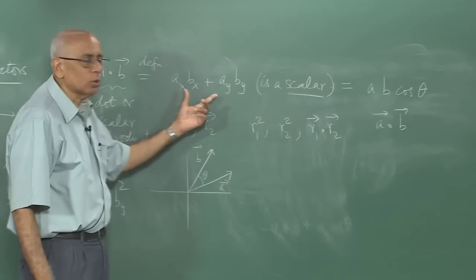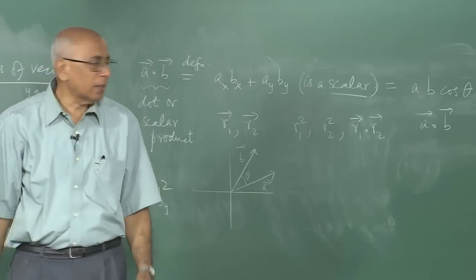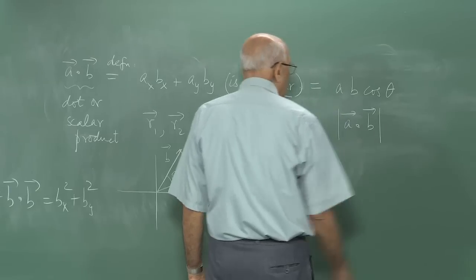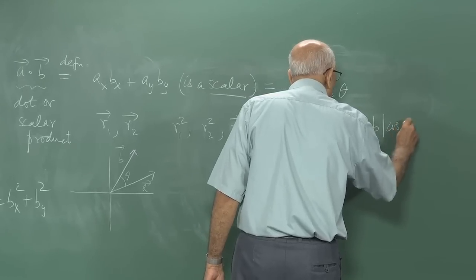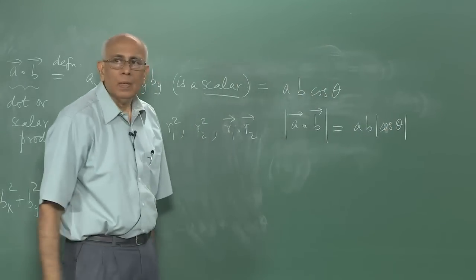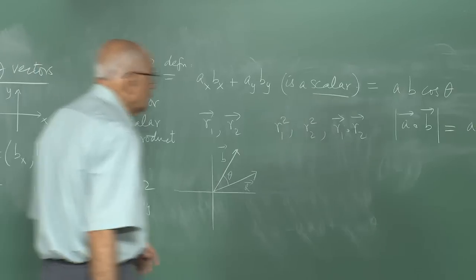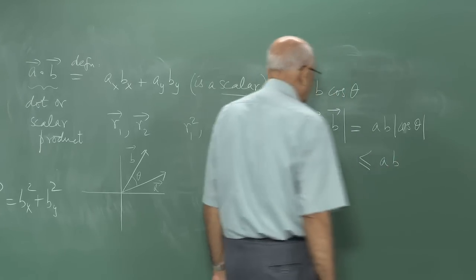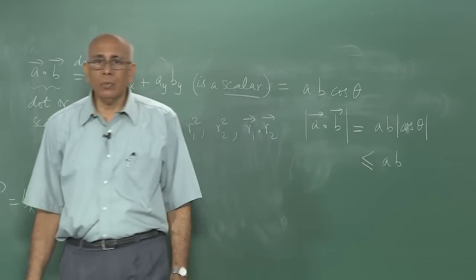There is nothing which says that there should be a positive quantity, because these individual components could have either sign, positive or negative. So it also says that if you took the magnitude of A dot B, this is equal to A times B times the magnitude of cos theta, because A and B themselves can't be negative, they are magnitudes of vectors, and this is less than or equal to A times B, because the magnitude of this is less than or equal to 1.